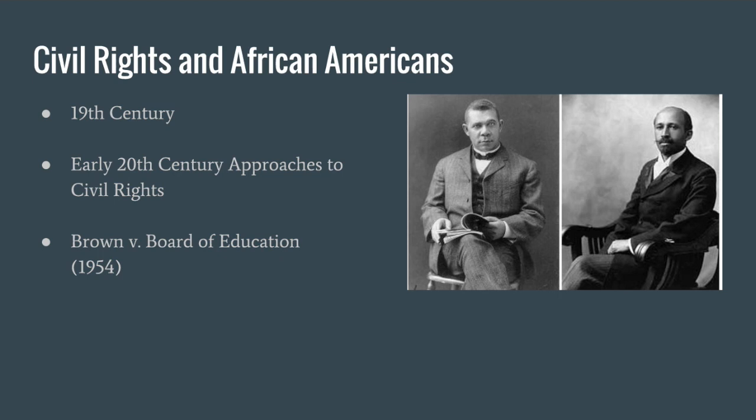This is also when we start to see the revival of the KKK in the 1950s and 60s. So Brown v. Board of Education, obviously a very important ruling, but there are definite repercussions in the other direction that solidify the hostility in the Southern white community.